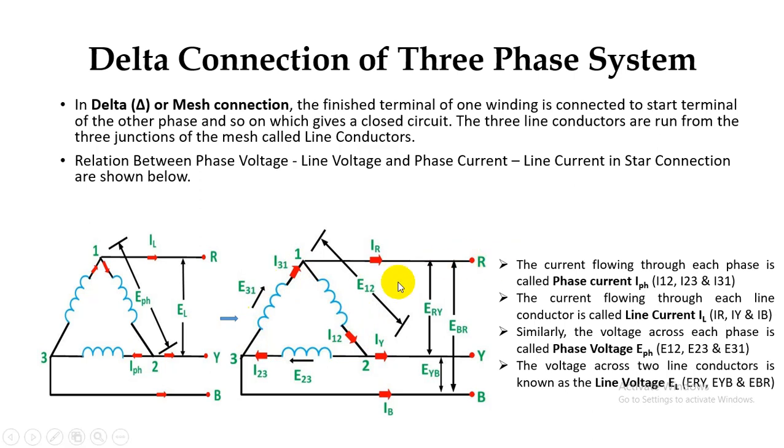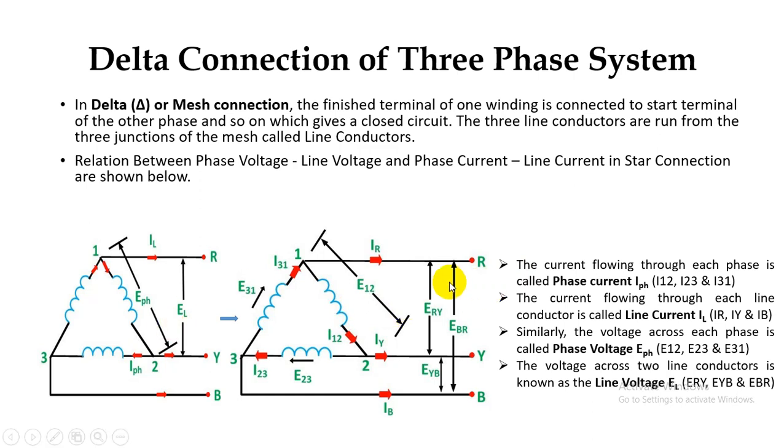In this case the relations between phase voltage, line voltage, phase current and line current are different compared to star connection. And we have some labeling for line voltage, line current, phase voltage and phase currents.